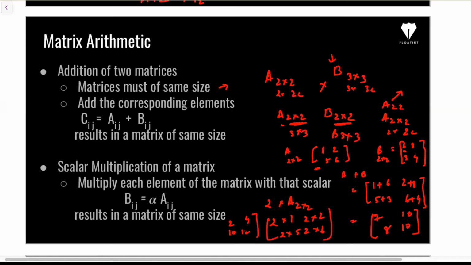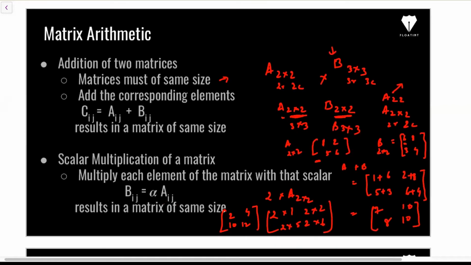So it's very simple. I just wanted to give you an example. One thing you should remember is that whenever you are doing addition, the element-wise sum will happen. The corresponding element like A11 will be added to B11, A12 will be added to B12, and similarly for the rest. This pattern will be followed for the whole matrix.